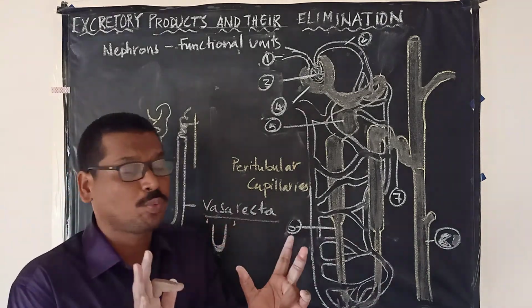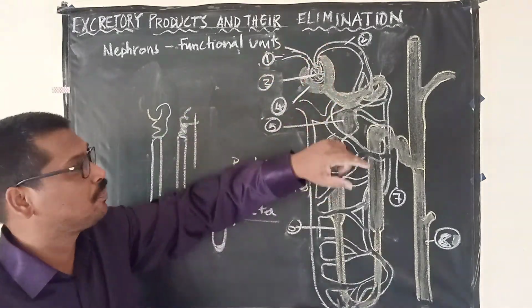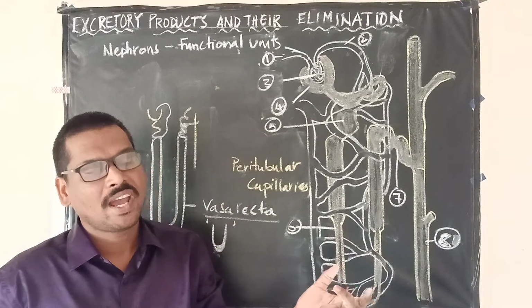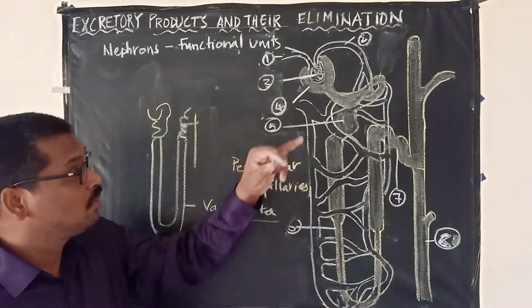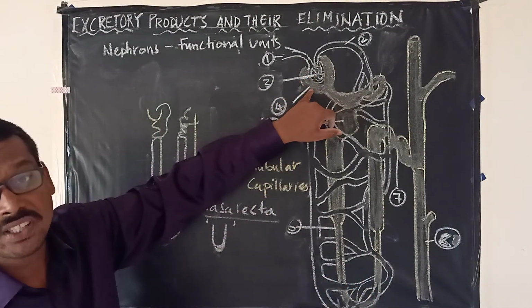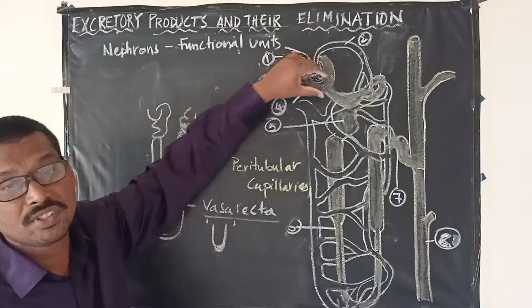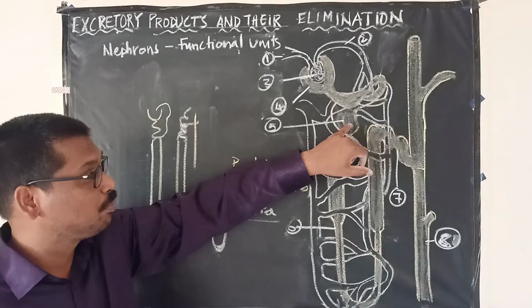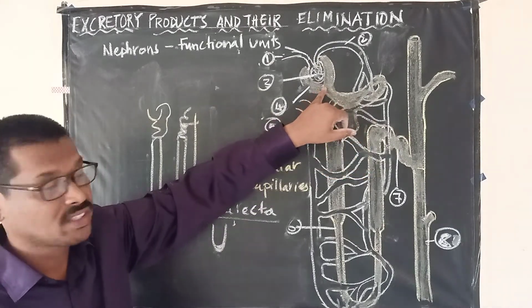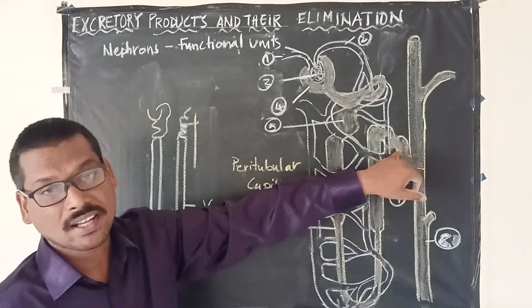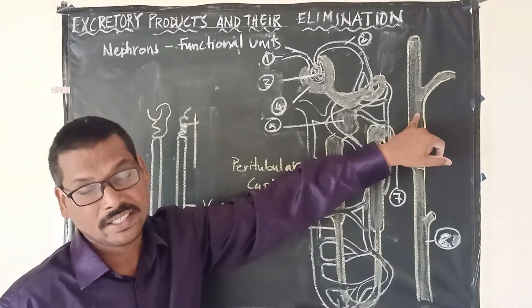So here we came across the structure of the nephron having different parts. The nephron has two parts, we said: the glomerulus and the renal tubule. The glomerulus plus the Bowman's capsule of the renal tubule together are called the Malpighian body or renal corpuscle. The other parts of the renal tubule are: first the Bowman's capsule, proximal convoluted tubule, descending Henle's loop, ascending Henle's loop, distal convoluted tubule, and the collecting duct.